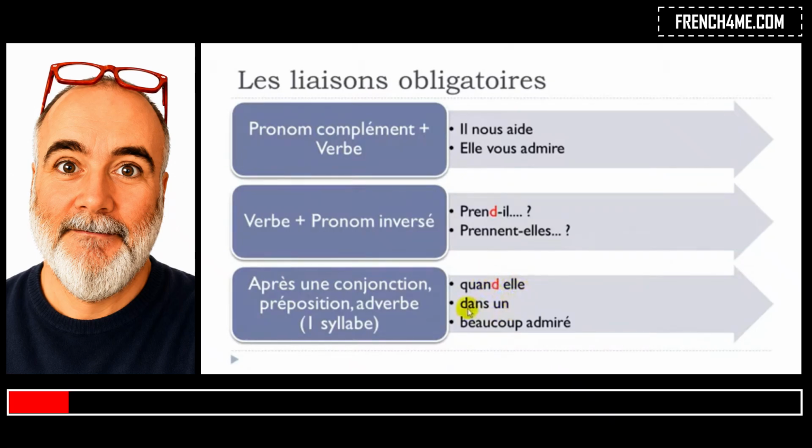Quand elle, dans un, okay, and in that case you've got this préposition dans, and then the article, dans un, all right, and here we've got this adverb, beaucoup, and then admirer, beaucoup admirer, all right, quand elle, dans un, beaucoup admirer, all right, so let's repeat them. Il nous aide, elle vous admire, prend-il, prennent-elles, quand elle, dans un, beaucoup admiré.